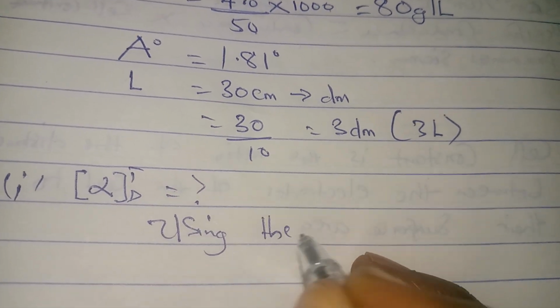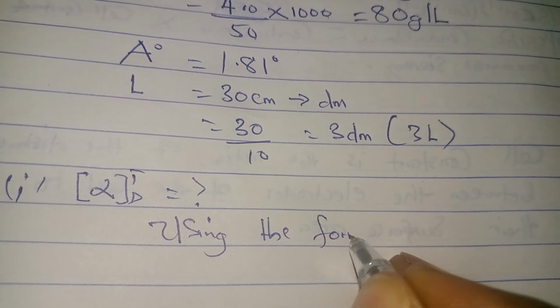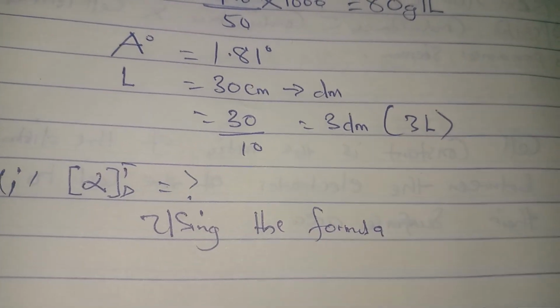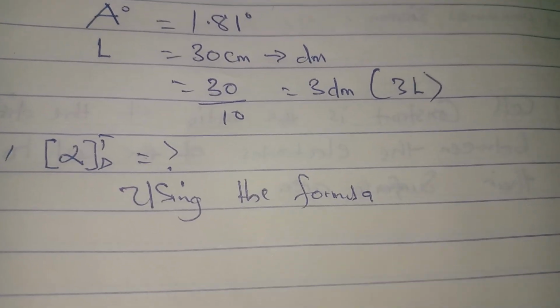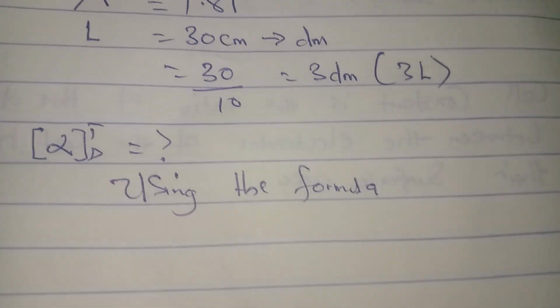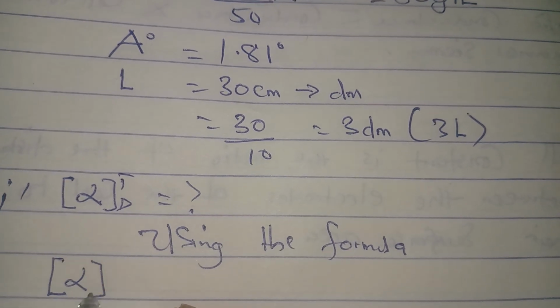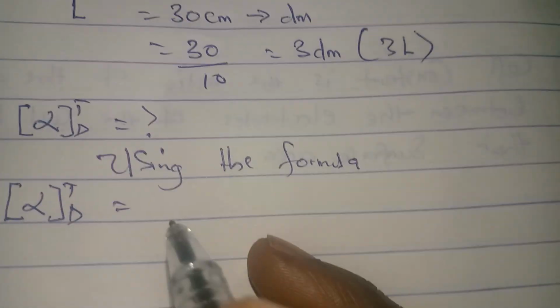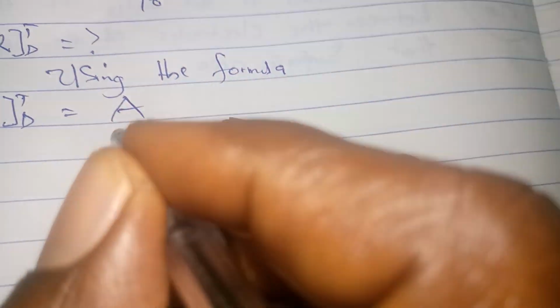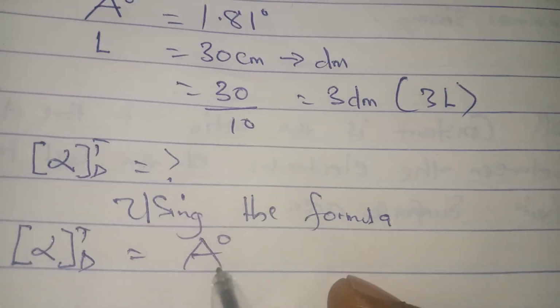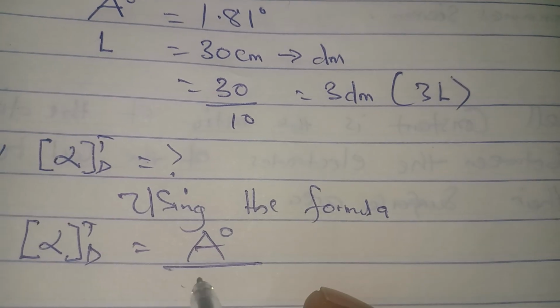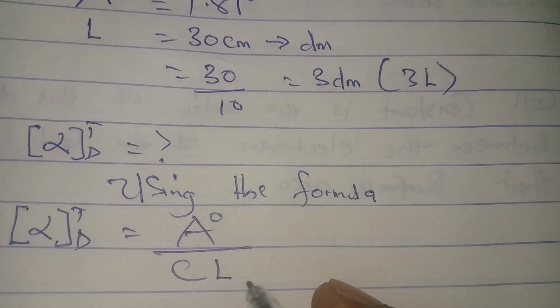As a science student, your formulas should be like your boyfriend and girlfriend. So the formula for this is actually equal to my observed rotation per my concentration and my path length.